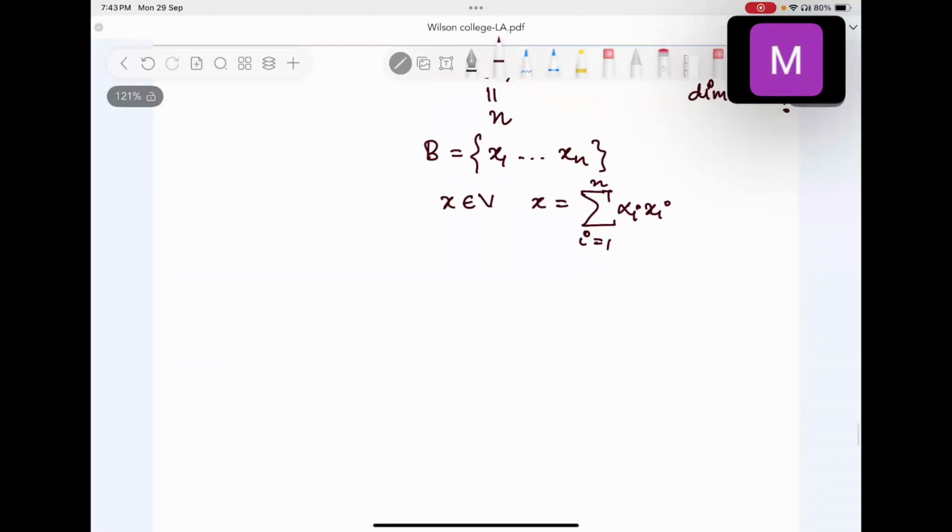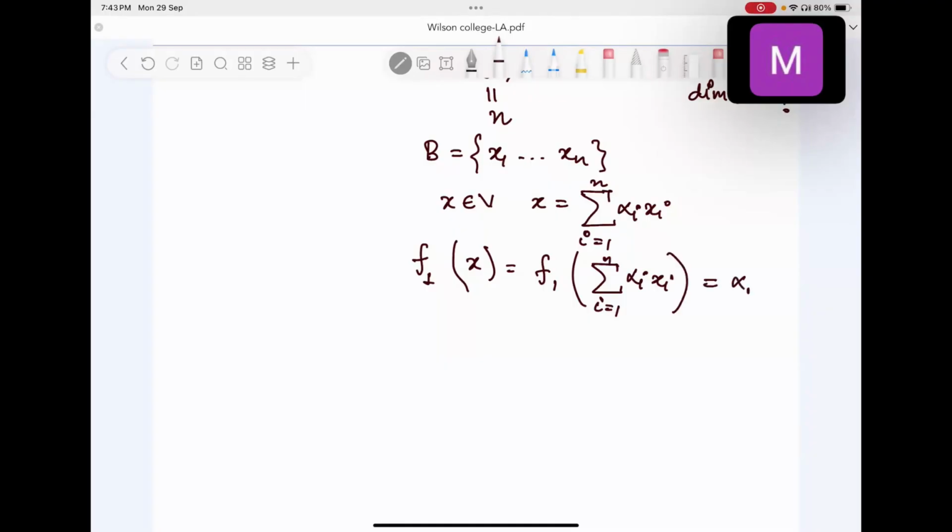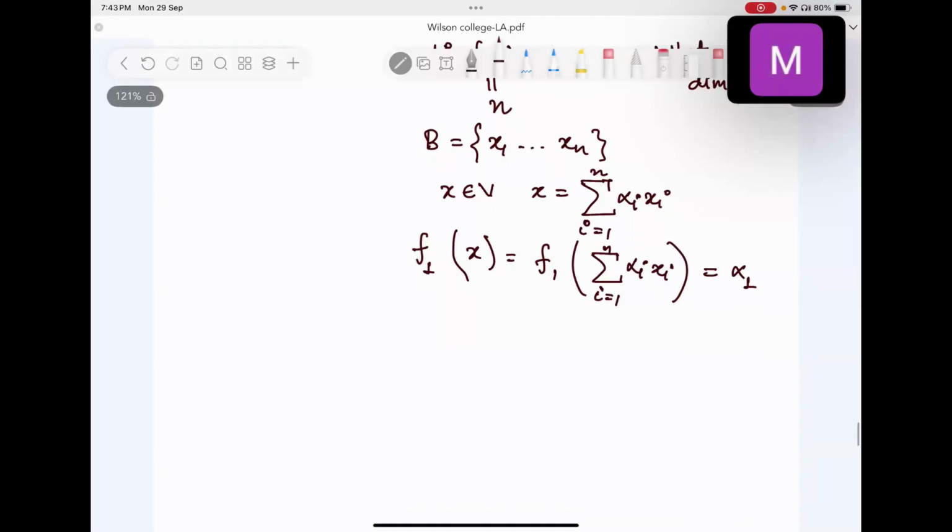Now, if you define your function f1 as f1 of x equals f1 of the summation of alpha i xi, i equals 1 to n, as alpha 1, the first scalar, then you can prove that this is a linear functional.